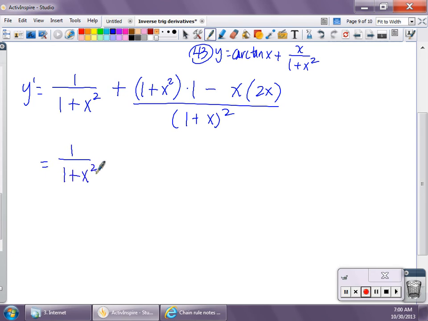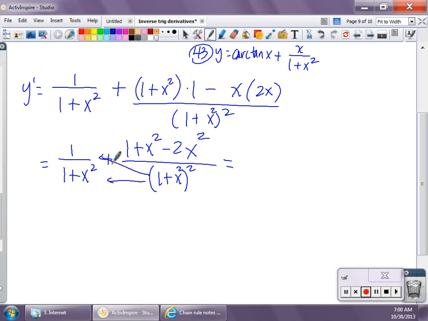In the numerator, when I clean up, the denominator is going to have 1 plus x squared squared. I have 1 plus x squared minus 2x squared. All right, to get a common denominator, I'm going to multiply the denominator and the numerator by 1 plus x squared.